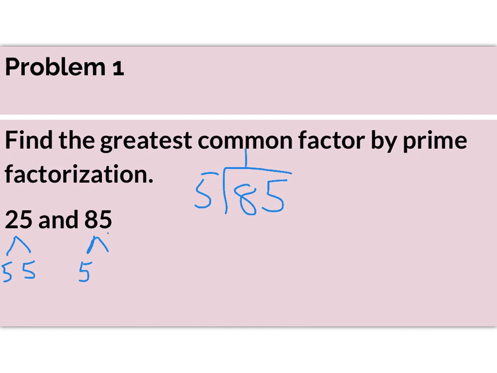So 5 goes into 8 once. 1 times 5 is 5. 8 minus 5 is 3. Bring down a 5. And I get 17. So 5 and 17. Well, 17 is a prime number, so we're done. So as we can see from the prime factors, 5 is the greatest common factor of 25 and 85.